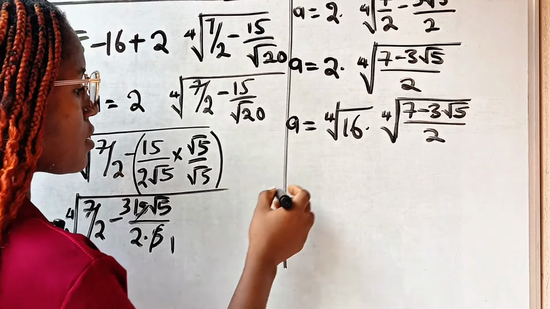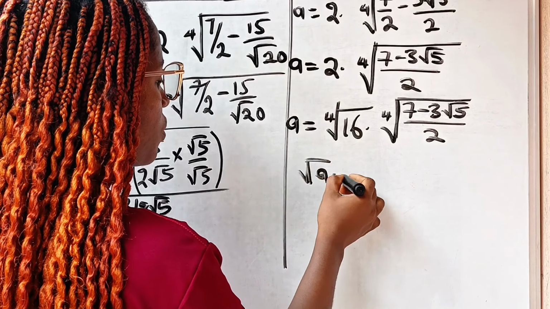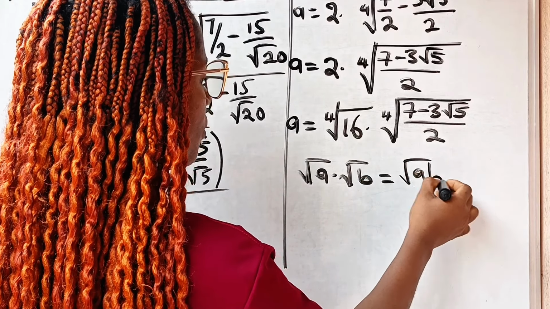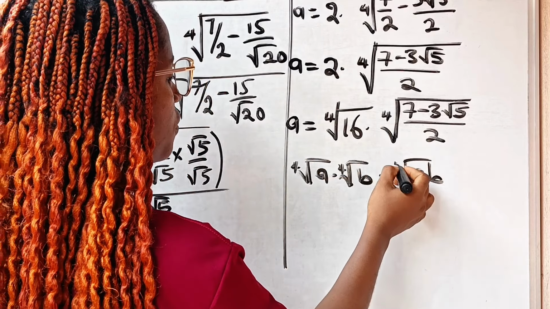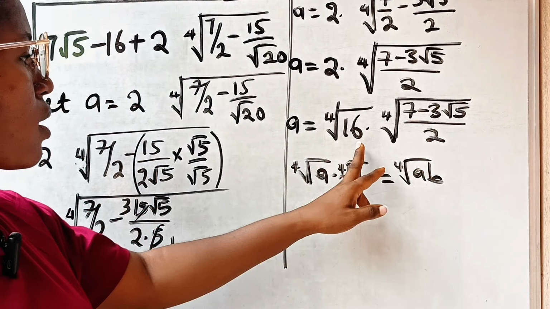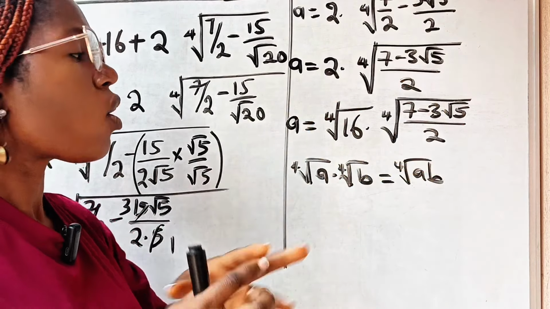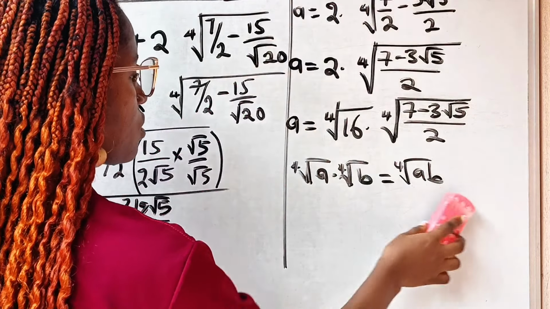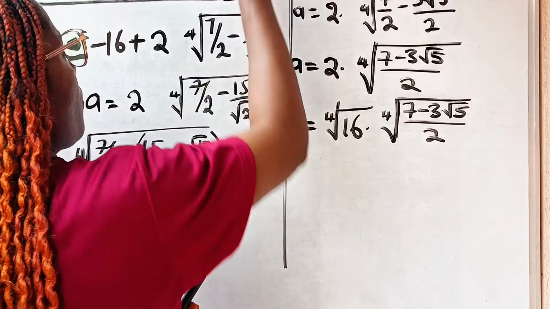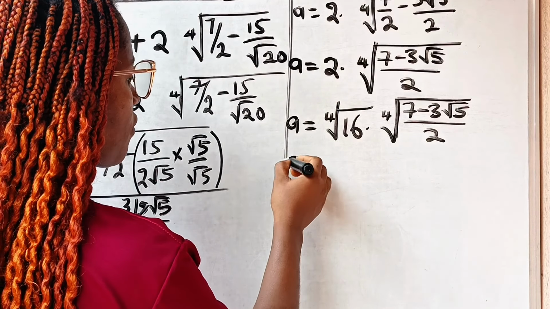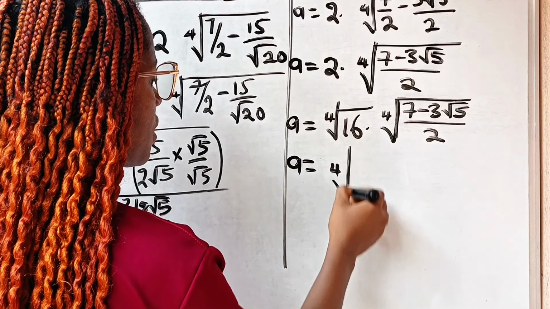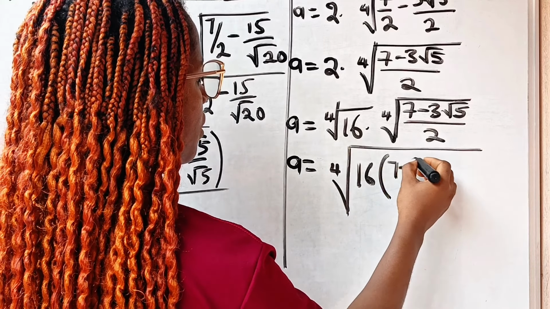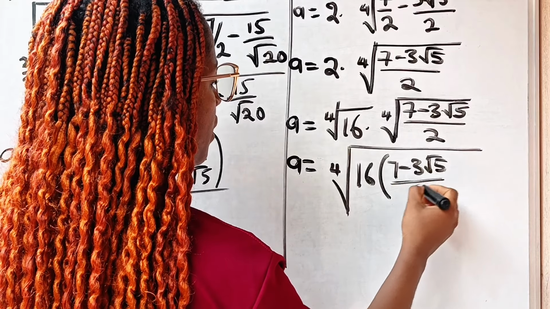Now remember that the square root of a multiplied by the square root of b gives the square root of ab. In this case, it's fourth root, fourth root, so we can bring the 16 and this together under the fourth root sign. So now I have A is equal to the fourth root of 16 multiplied by 7 minus 3 root 5 divided by 2.